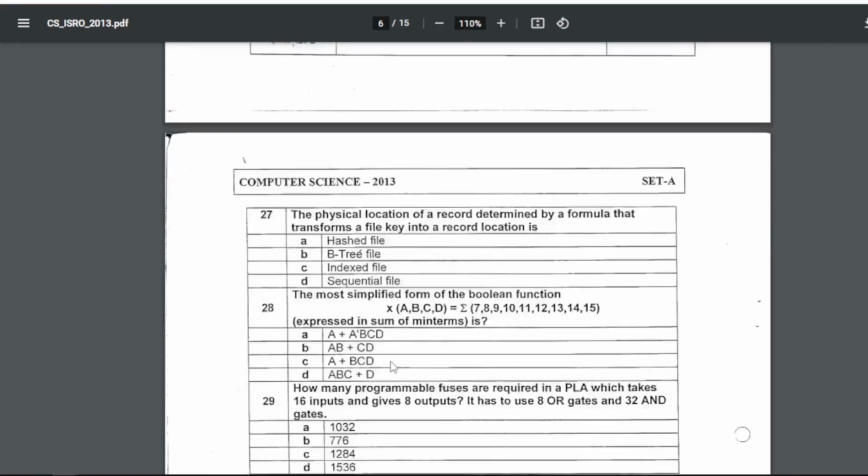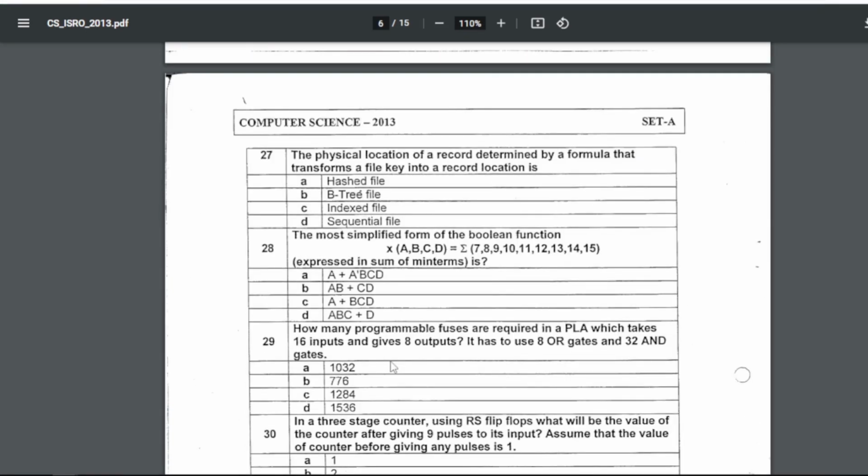Now question number 27: the physical location of a record determined by a formula that transforms a file key into a record location is what? So if you solve this 27, you will get the answer as the first, that is option A, hashed file.